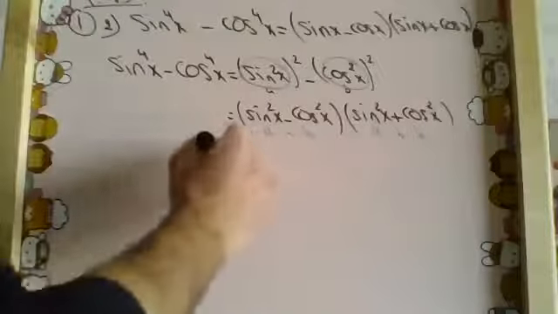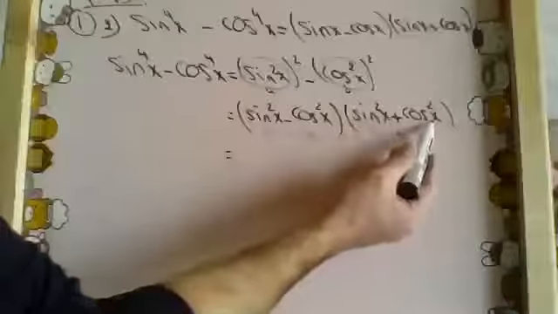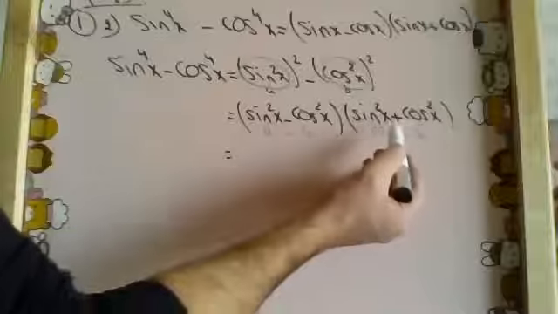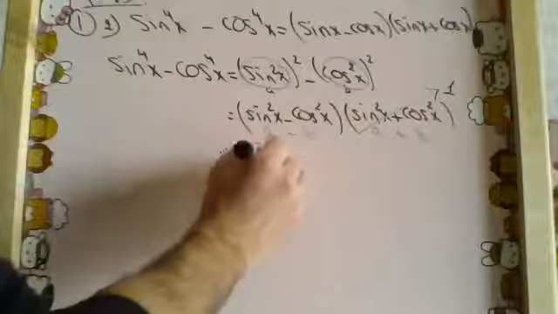We can replace sin squared x plus cosine squared x by 1.